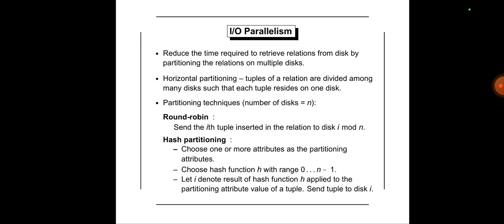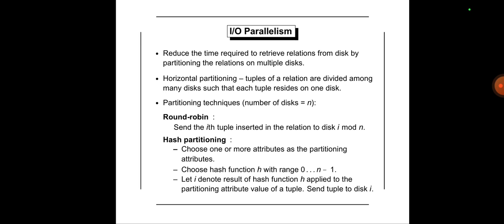The next topic, I/O parallelism. I/O parallelism refers to reducing the time required to retrieve relations from disk by partitioning the relations over multiple disks.